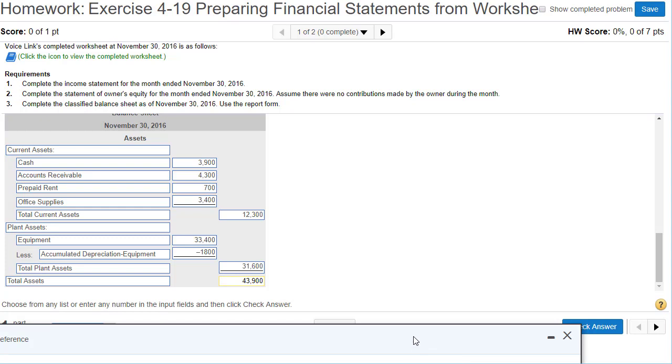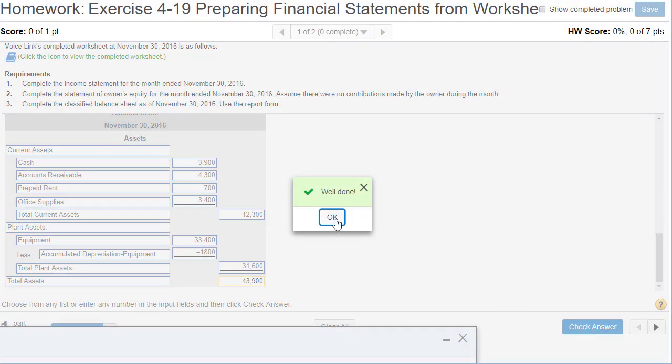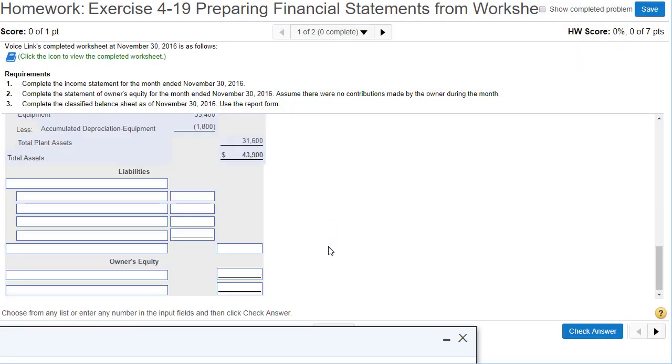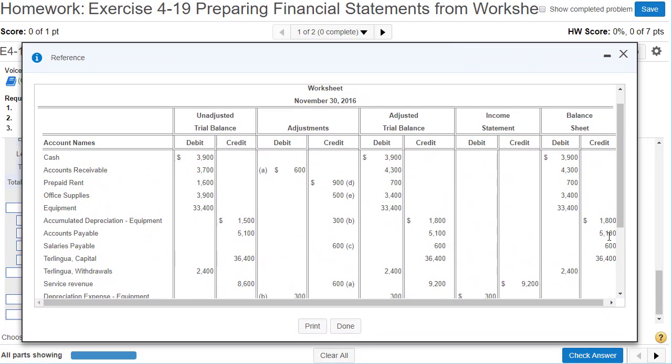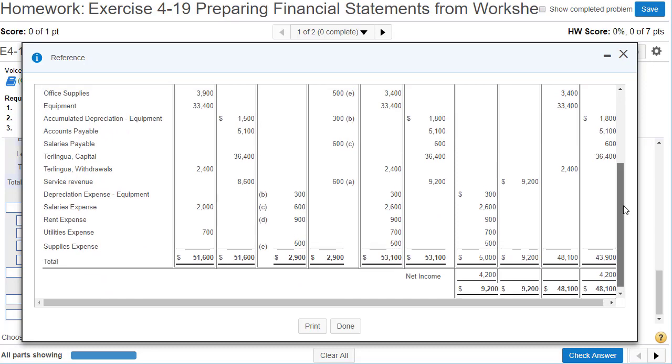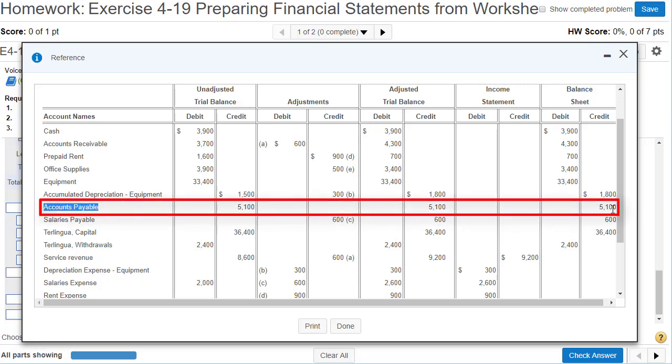Now, before we can move on, it's going to have us check our answer to make sure our total assets are correct. Well done. Then it's going to move us to liabilities. So again, we're still working on the balance sheet columns. Liabilities are after our fixed assets, our plant assets, and its accumulated depreciation. So now we have accounts payable of 5,100.